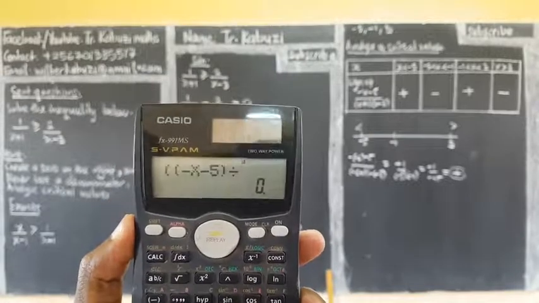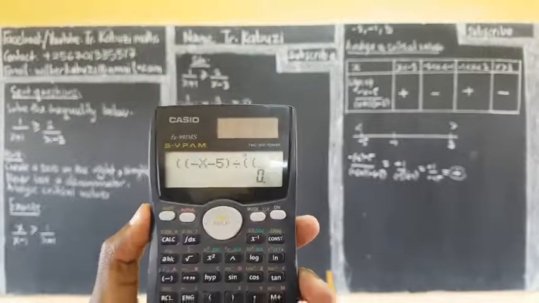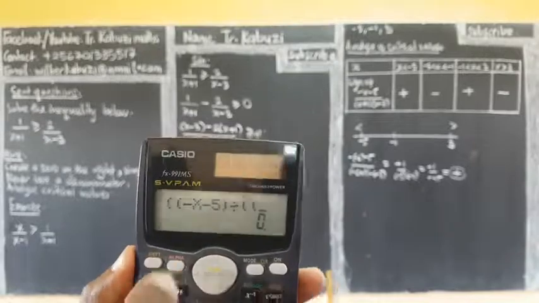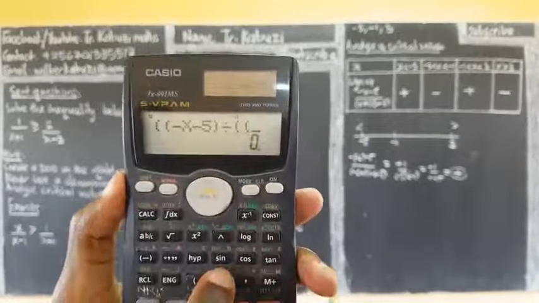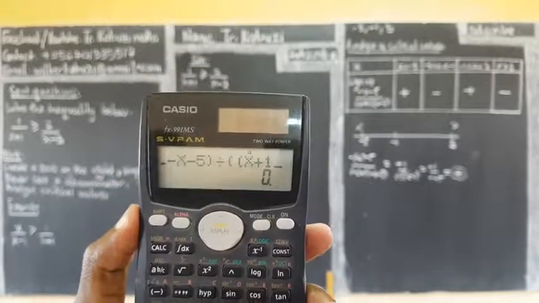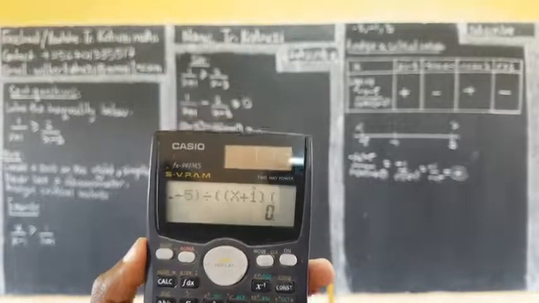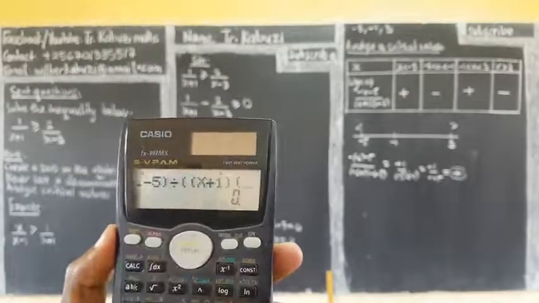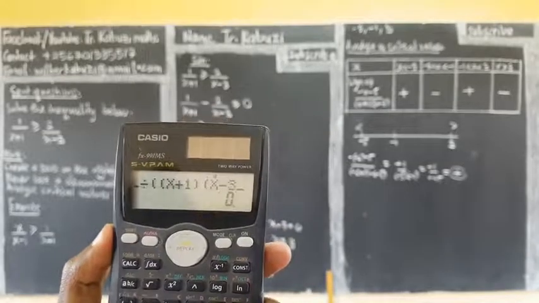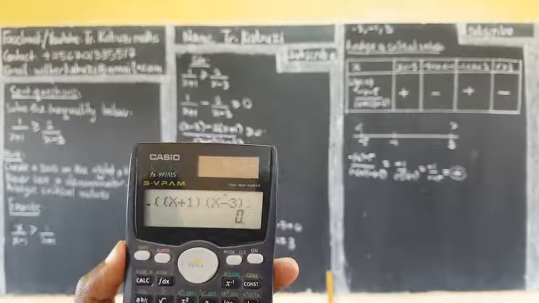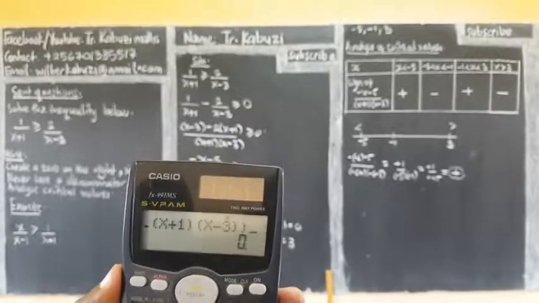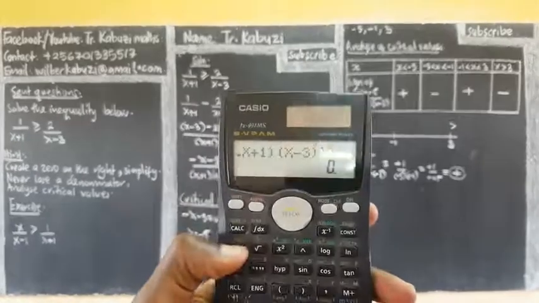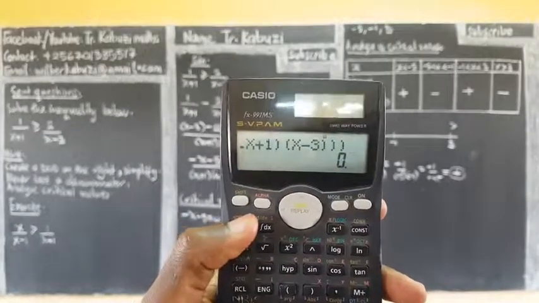I'm dividing with, now here, I'm going to create another, which is x plus 1. Then I cross, I open again. This is the product down there. Then alpha x minus 3. Then I cross again.